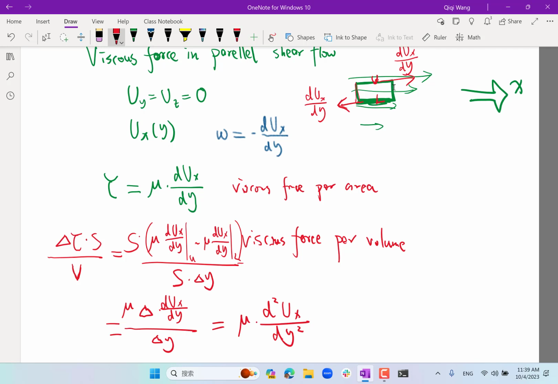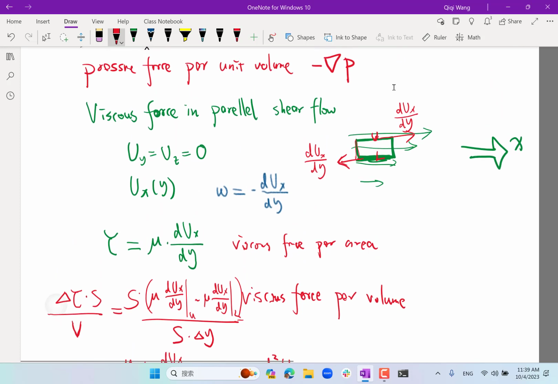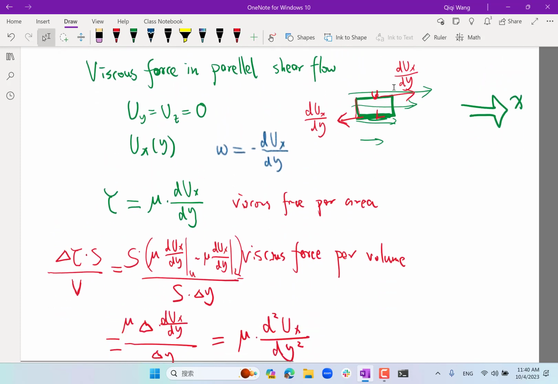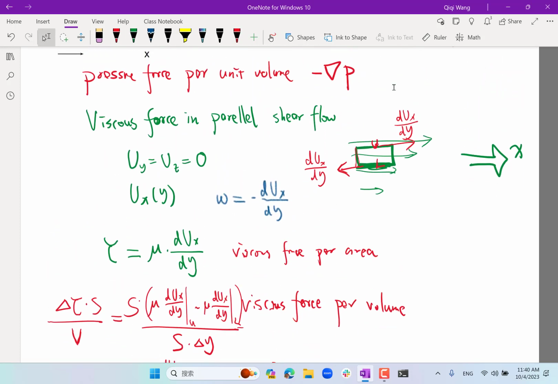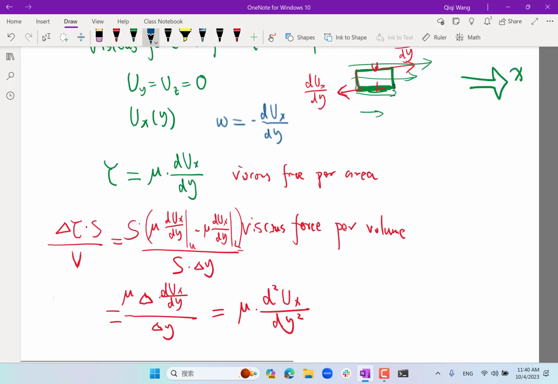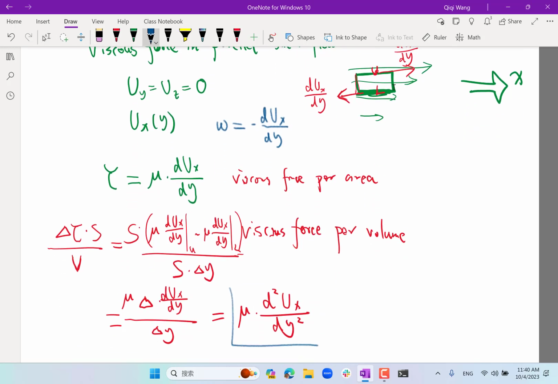Now let's actually start to use these two facts. The pressure force per unit volume is minus grad P, and the viscous force per unit volume is viscosity times the second derivative of velocity, right?